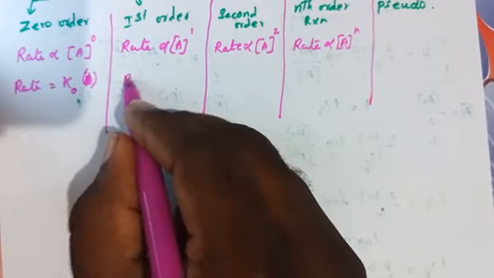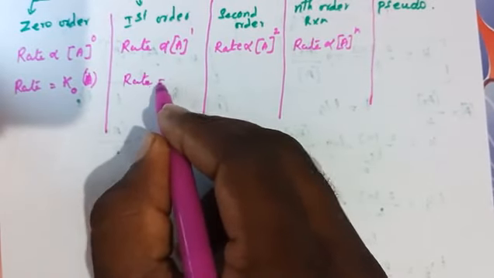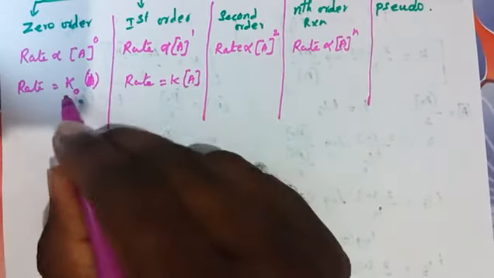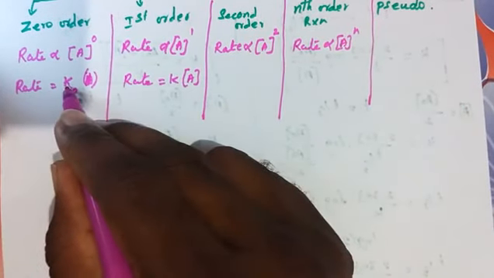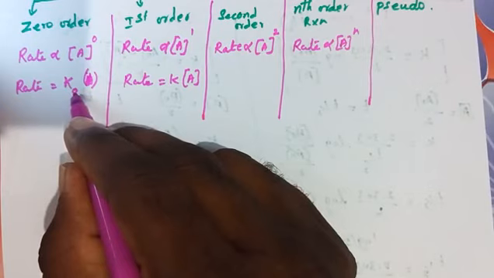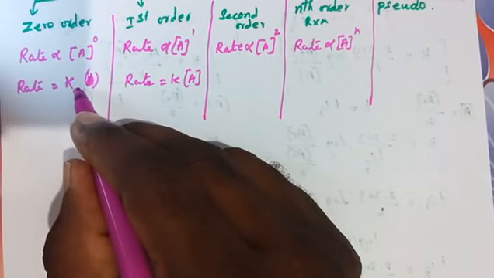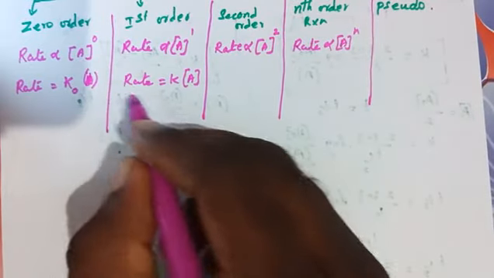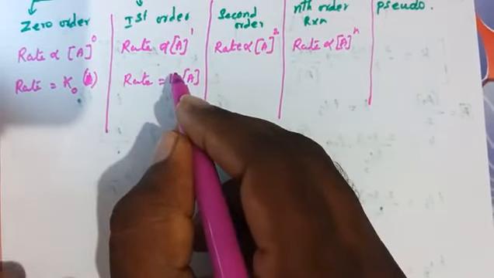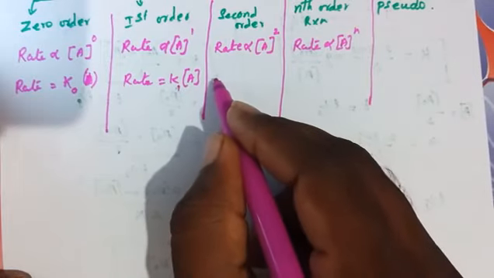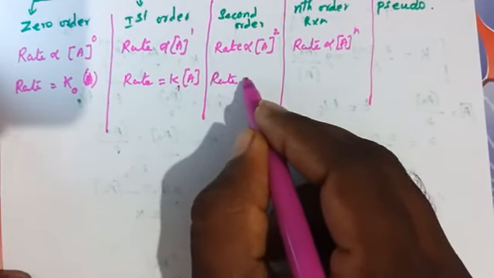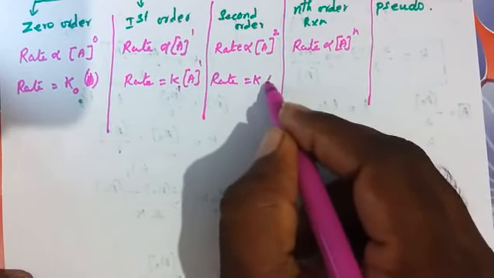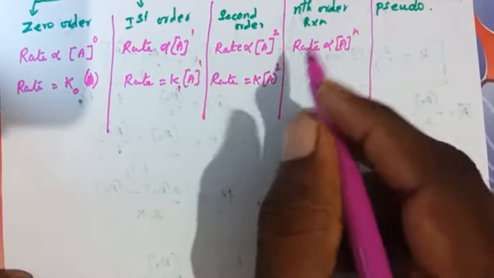And for first order, rate of reaction is equal to k into A. To distinguish both of them, k subscript 0 or k0 is the indication of zeroth order, k1 is the indication of first order. The same way, for second order reaction, rate is equal to k into concentration A square.